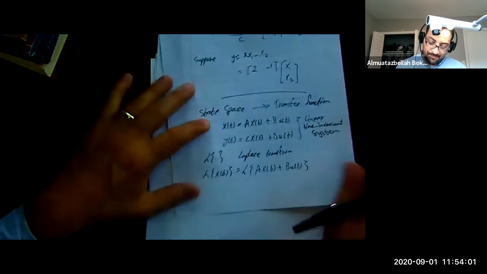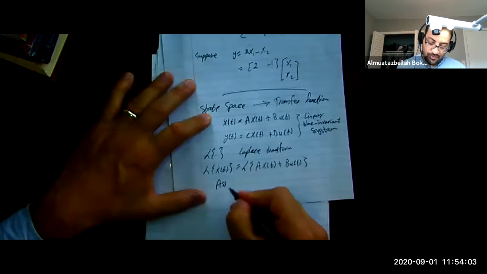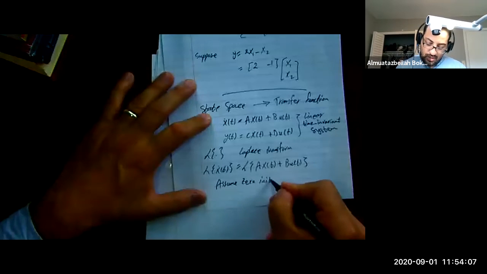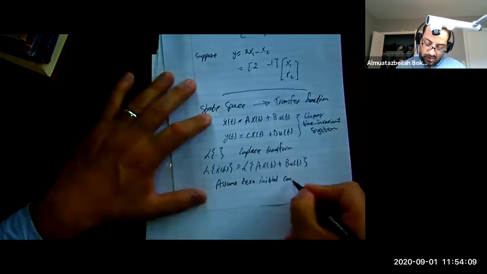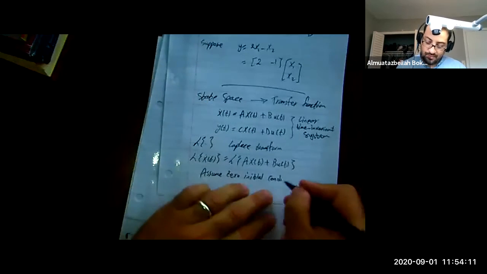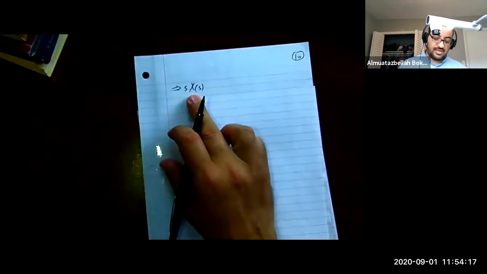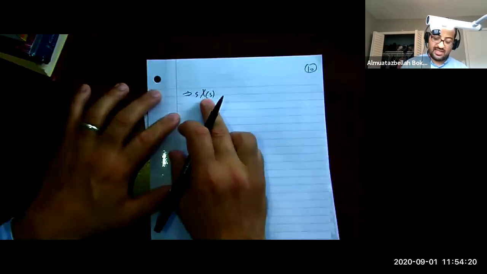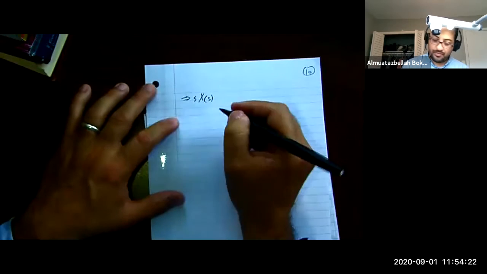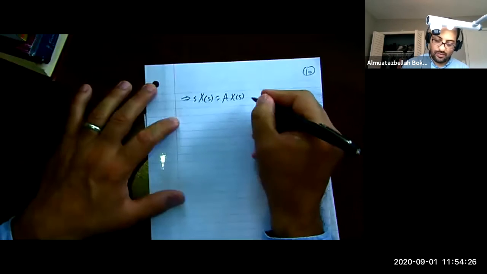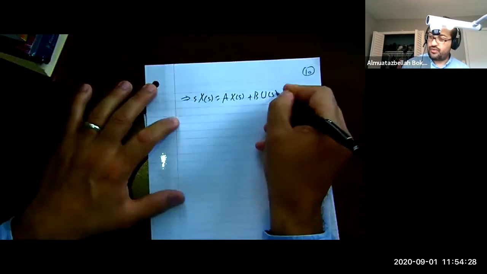Here I'm going to just assume zero initial conditions. So if you apply Laplace to that, that would lead to Sx of s equal to Ax of s plus Bu of s.